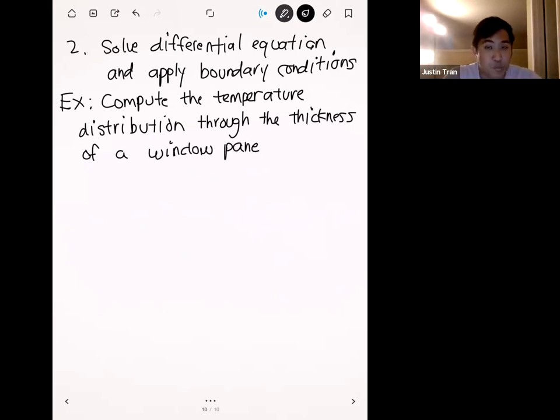On one side of the window pane, we have the outside temperature, which we'll call T infinity. And then on the other side of the window pane, you have your inside temperature, which we'll call Ti.